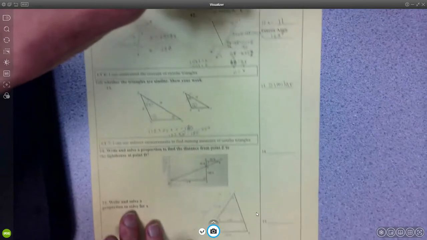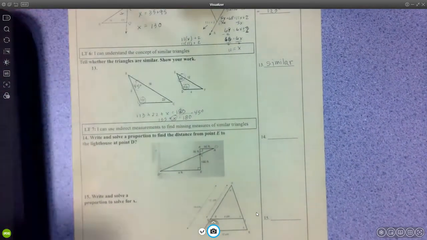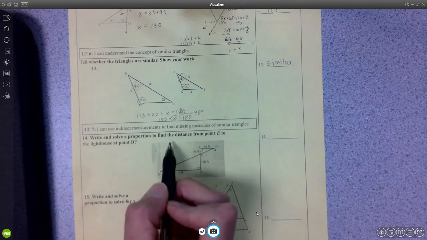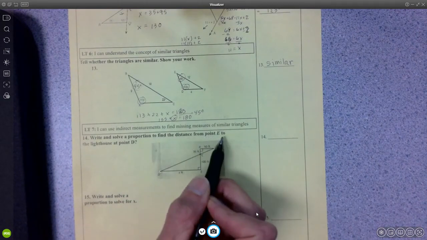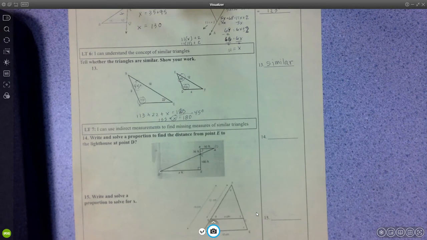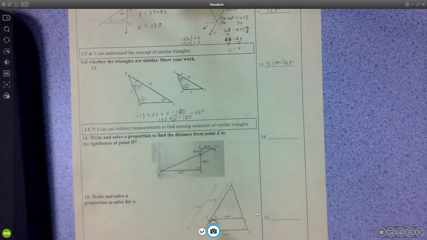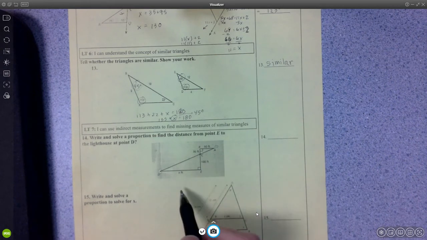And our last one, I can use indirect measurement to find measures of similar triangles. So write and solve a proportion to find the distance from point E to the lighthouse at point D. So E to D is what I'm trying to find, and I need a proportional relationship. You can write it a lot of different ways.